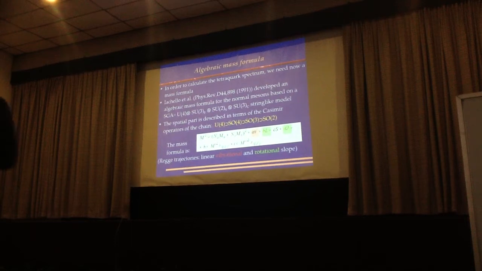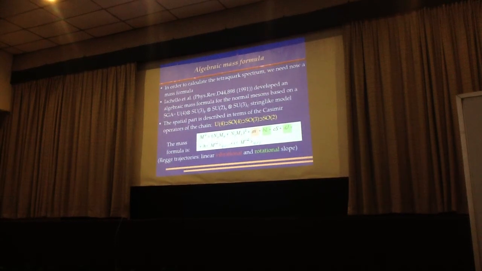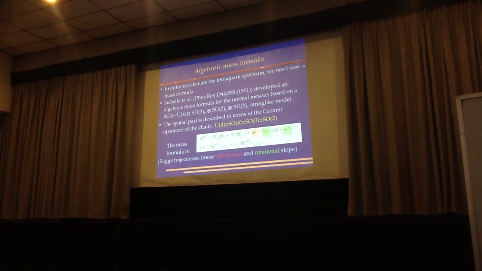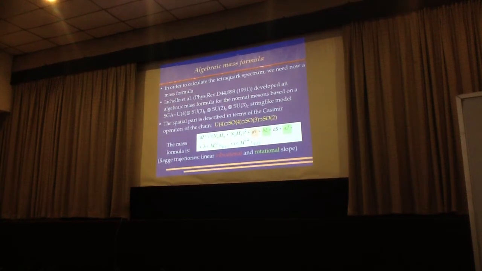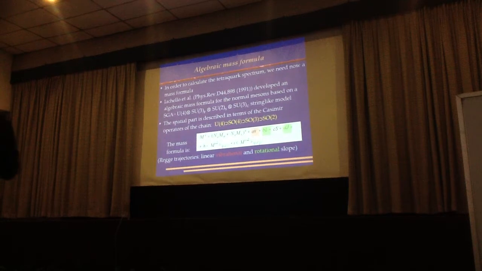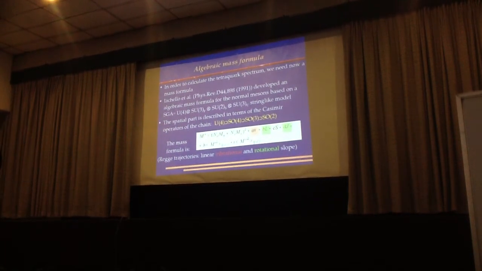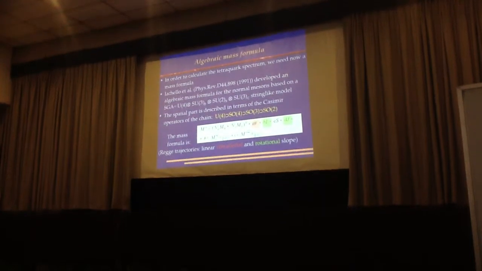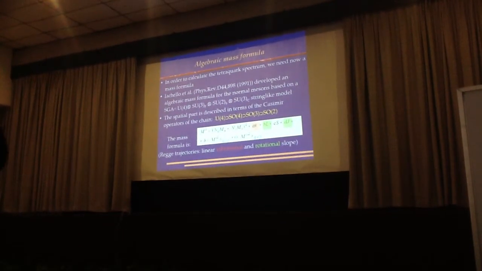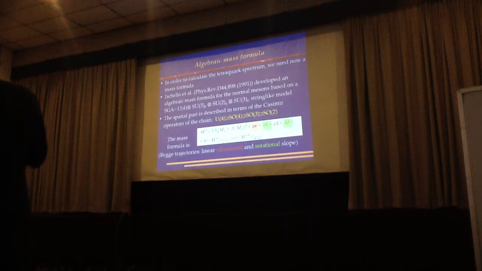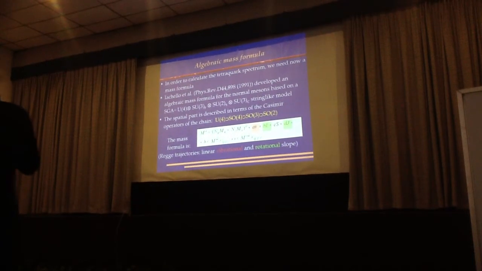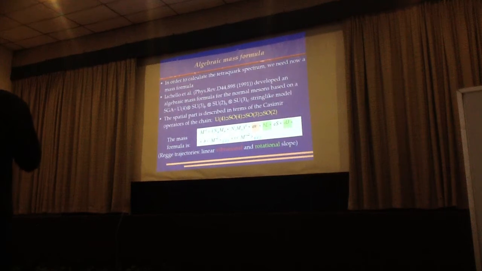Now that we have the states, we need a mass formula to calculate the spectrum. Professor Iachello introduced in the 90s an algebraic mass formula for normal mesons that was based on the spectrum generating algebra U(4) times SU(3) flavor times SU(2) spin times SU(3) color, in a string-like model.